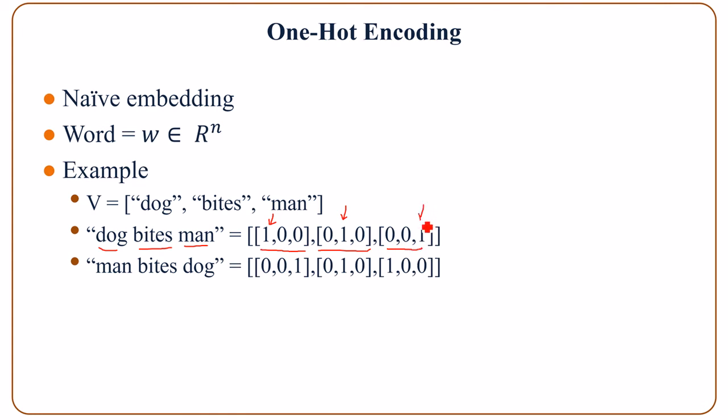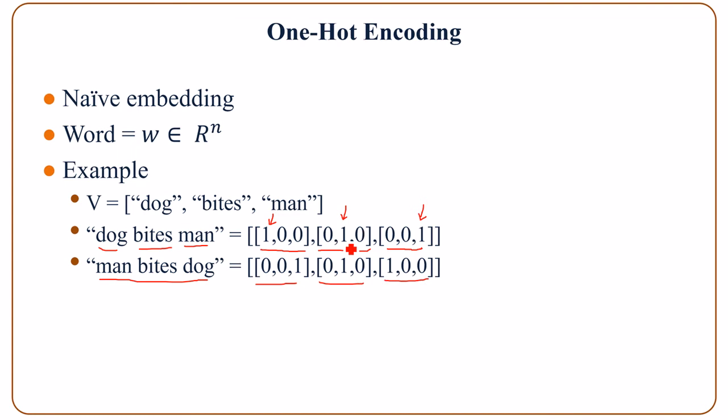We have one index that we use to indicate the presence of the word man. So that's how we represent the whole string dog bites man. If we look at the reverse order, then correspondingly we have the representation of the words in the reverse order as well.